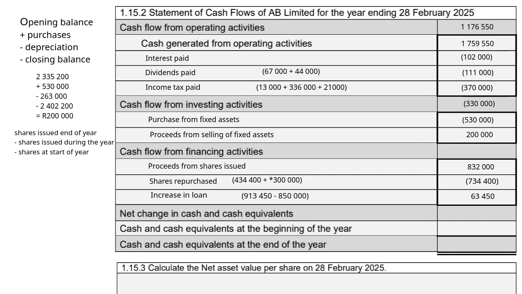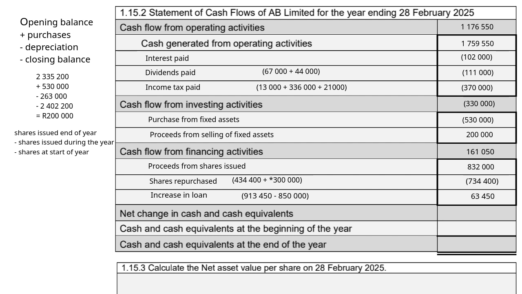It's out of brackets because it's an inflow of cash. So our cash flow from financing activities will be our proceeds from our shares issued minus our shares repurchased, and we add our increase in our loan to give us an amount of 161,050 Rand as an inflow of cash.